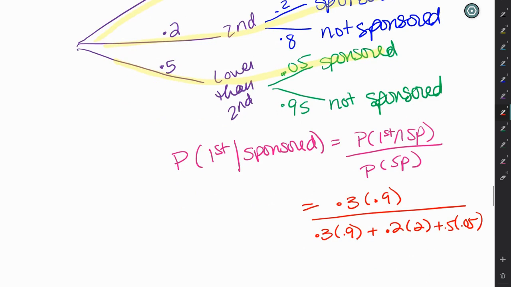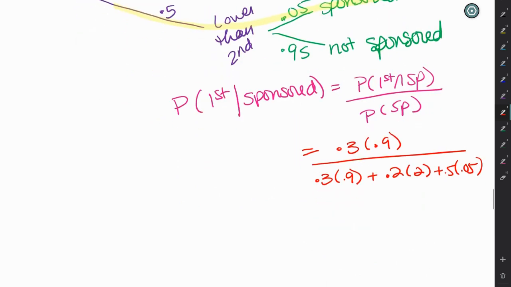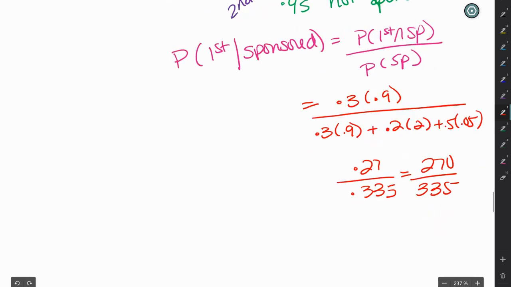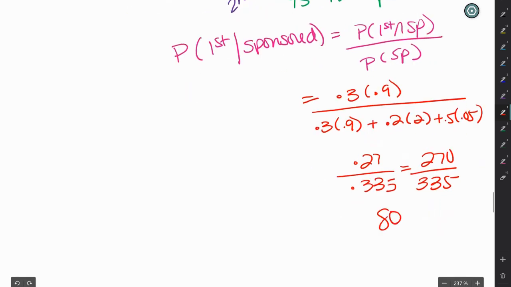When we do all of that math, we end up with 0.27 over 0.335, which is 270 over 335, which is 80.6% chance.